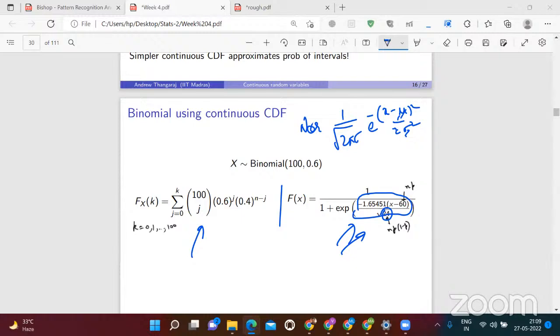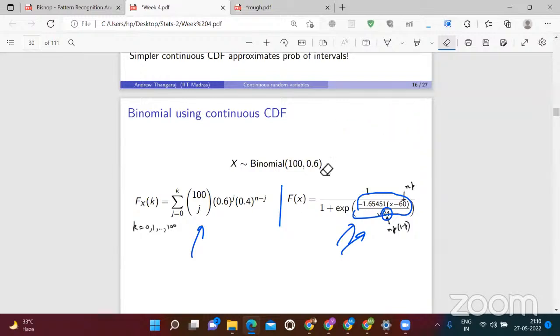Because if you are taking the normal, the cumulative distribution function for the normal distribution has not been discussed. It is in week 5, I guess. So he's just showing how the binomial CDF, with the plot also, with n very large, will converge to a continuous one, right? This is what sir has told, right?